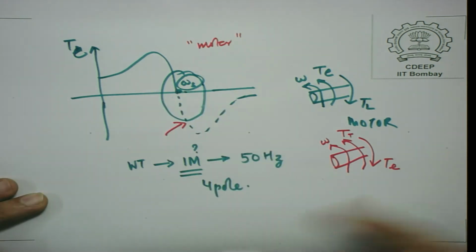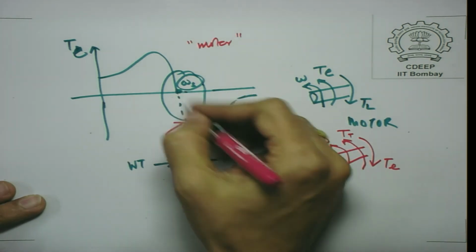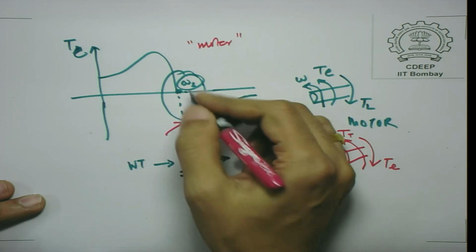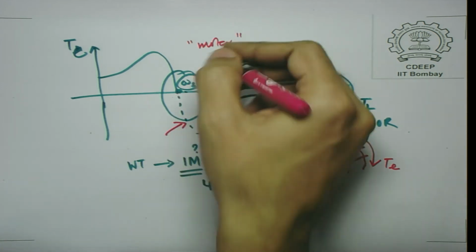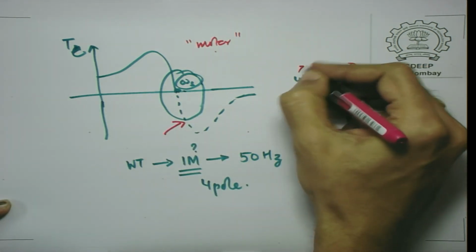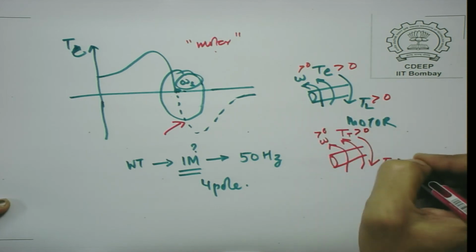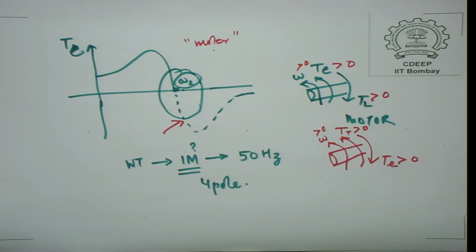So, if I want to characterize the behavior of an induction generator, remember that I should reverse the torque direction. Here I have given the motor torque, so this is for a motor. For a generator, omega is greater than 0, and these will be the directions of the torques. Remember that the direction of torque is now against the direction of the speed.